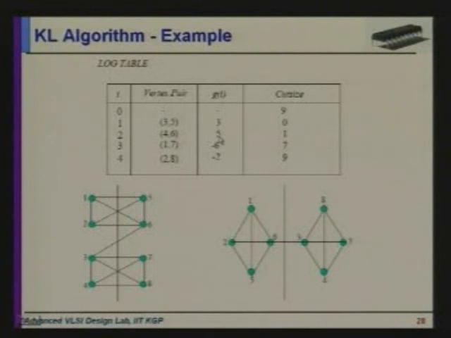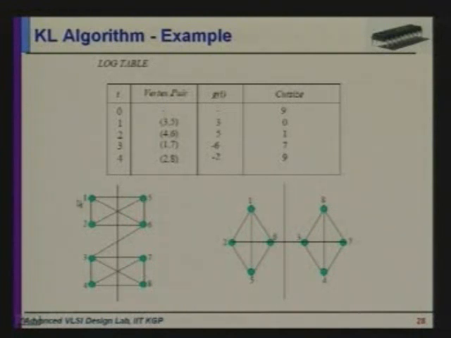Why is this cut size 9, you get it? This cut size is 9: 1 2 3 4 5 6 7 8 9. And then when I exchange this, what I actually gain by this gain? I am exchanging 3 and 5 across the partition.